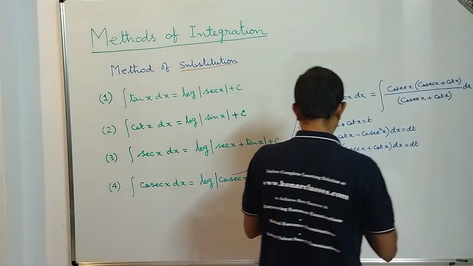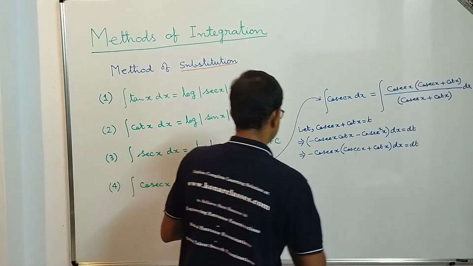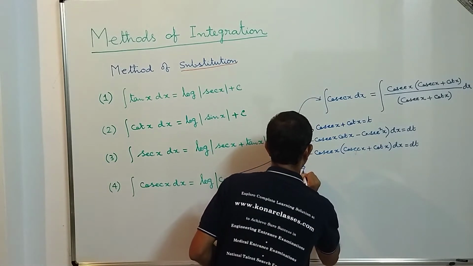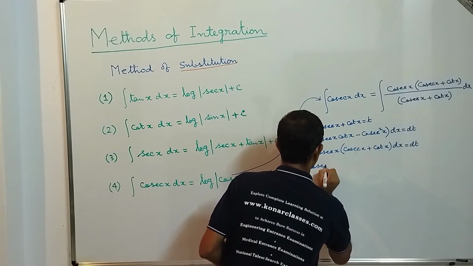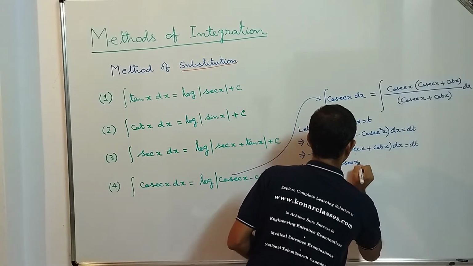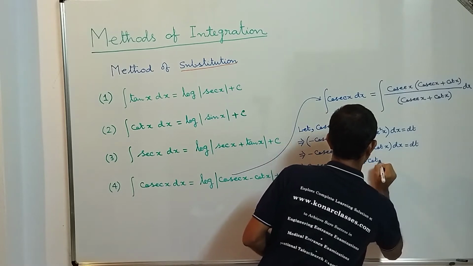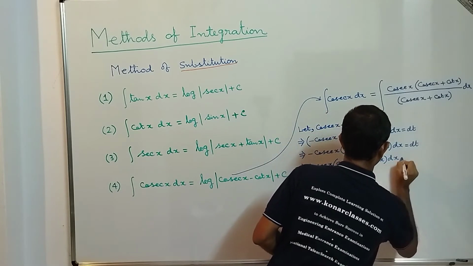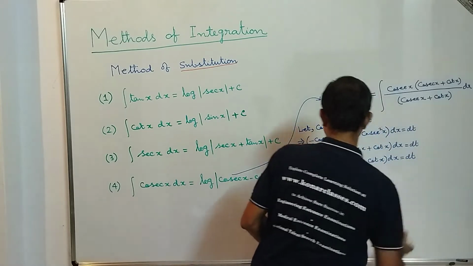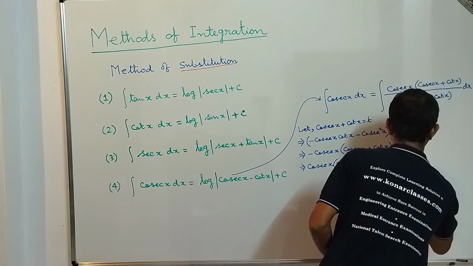Okay, so we can apply that value here. Let me write it down here. So this implies that cosec x into (cosec x plus cot x) dx is equal to minus dt.